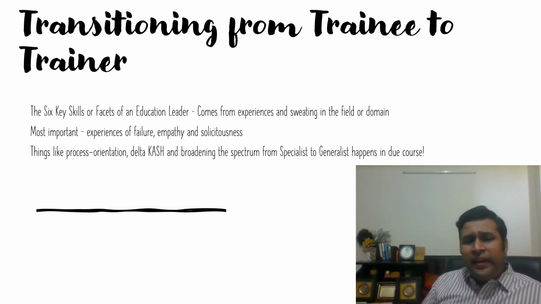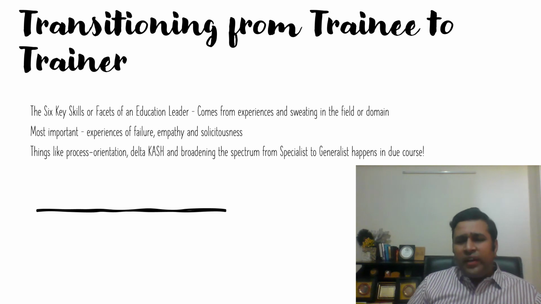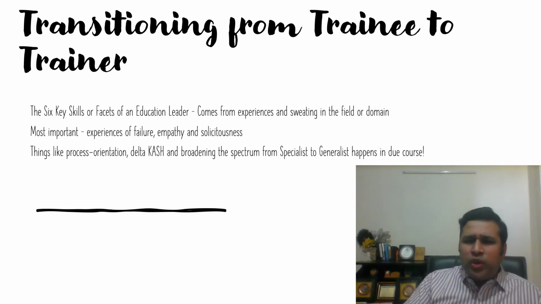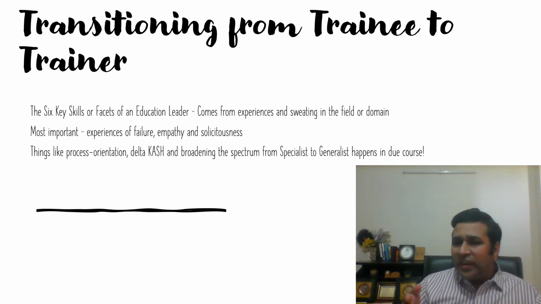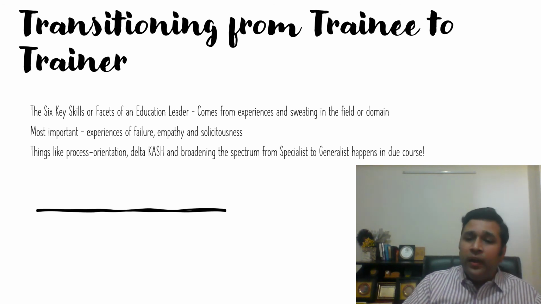Transitioning from trainee to trainer: the six key skills or facets of an education leader that we talked about in this first lecture itself are very, very important, and most of it comes from experience and sweating in the field or domain. A person who has moved through the education cycle, and especially through the performance stage, will have that kind of experience. So that is very important for transitioning from a trainee to a trainer.